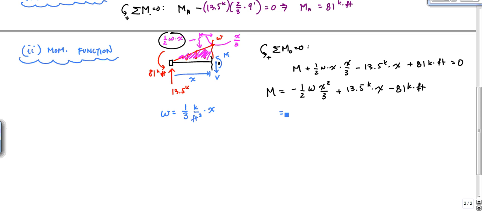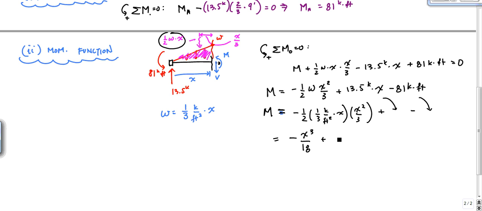And so now when I put that in here, my moment function finally becomes minus 1/2 times 1/3 kip per foot squared times x squared over 3, which becomes, 3 times 3 is 9, minus x cubed over 18 kip per foot squared, plus 13.5 kips times x minus 81 kip feet.